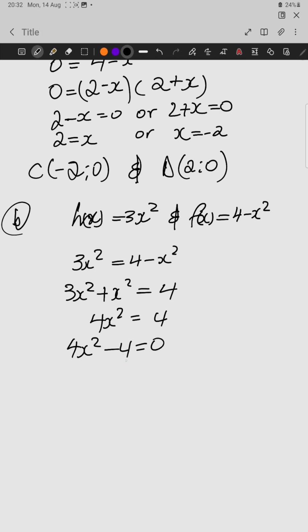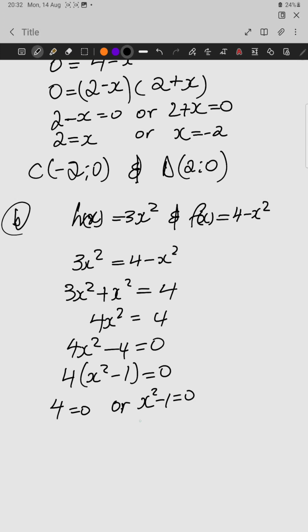And then we can see that 4 is a common factor, so we take out the 4: 4 times (x squared minus 1) equals 0, and then we equate each factor to 0. So 4 is equal to 0, or x squared minus 1 equals 0.